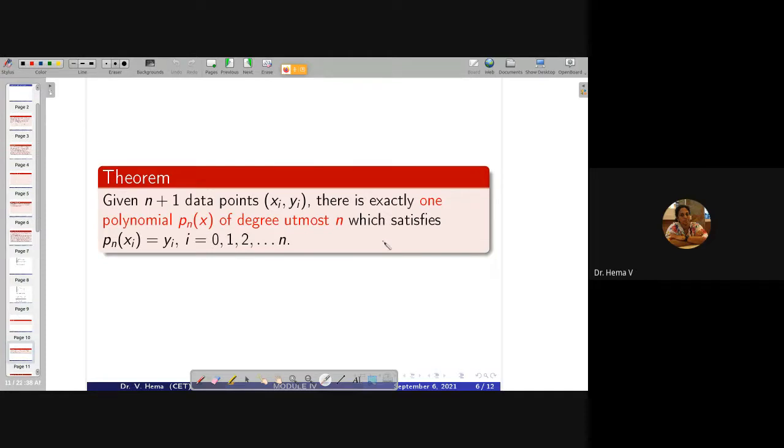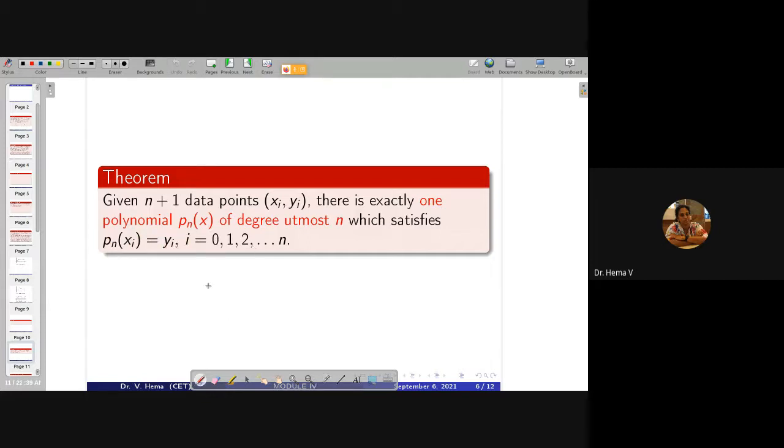Now, this is a very important theorem which we use to work out problems. If you have n plus 1 data points, there is exactly one polynomial. The polynomial you are going to get is a unique polynomial Pn of x, of degree at most n. Thus, the maximum degree of the polynomial will be n, which satisfies Pn of xi equal to yi.